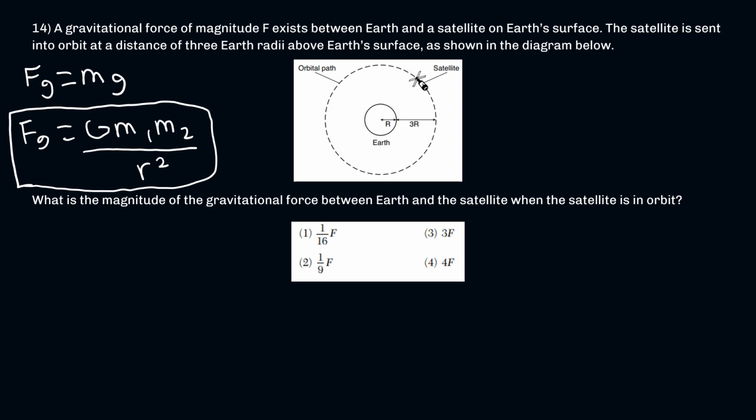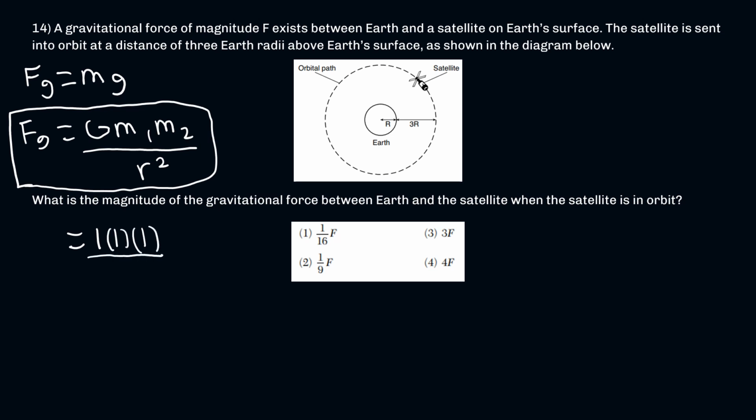Again, this is a law of one situation. So for my first scenario where I'm just on Earth, I'm 1 Earth radius away. So I'm going to plug into my equation. G is always going to be 1 when I do law of one because it is a constant. The mass of the satellite and the mass of Earth, it doesn't say anything about either of those changing, so I plug in 1 for both my masses.